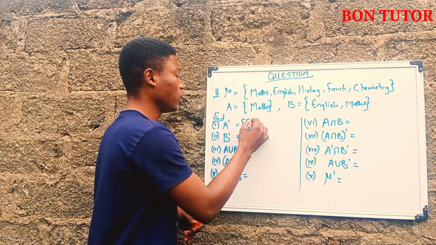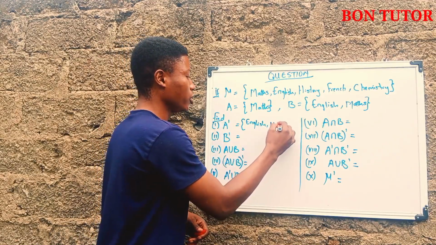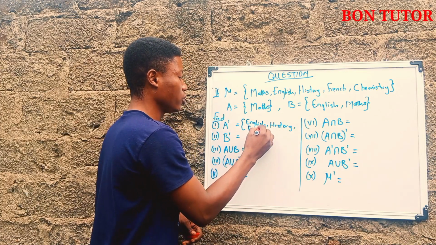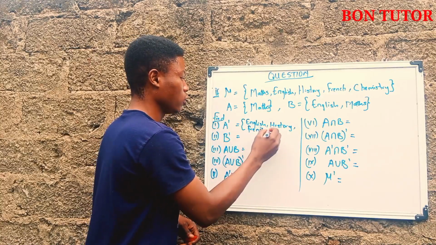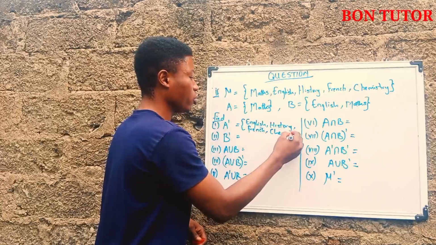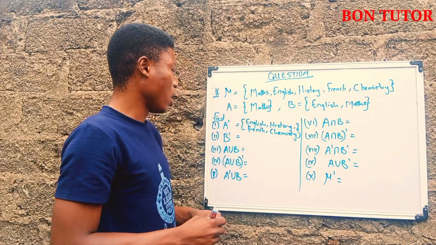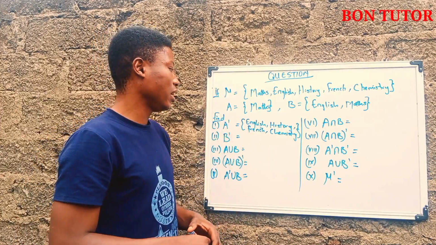So you'll be starting with English, history, French, then chemistry. Those are the elements you have in the universal set, but you do not have in set A.